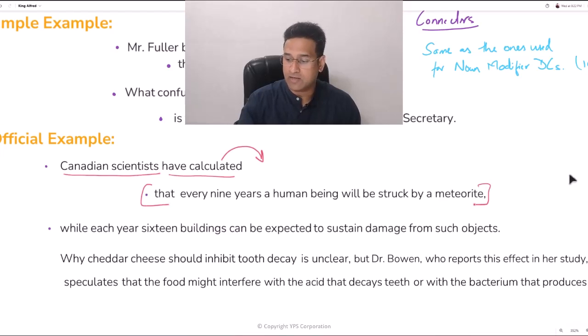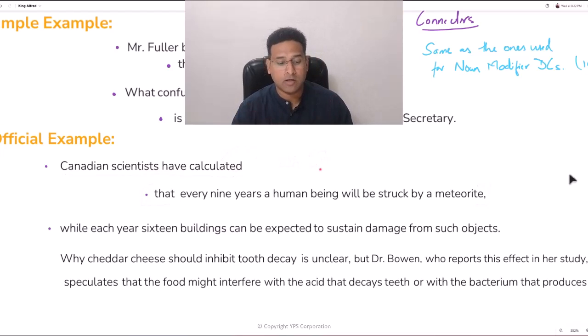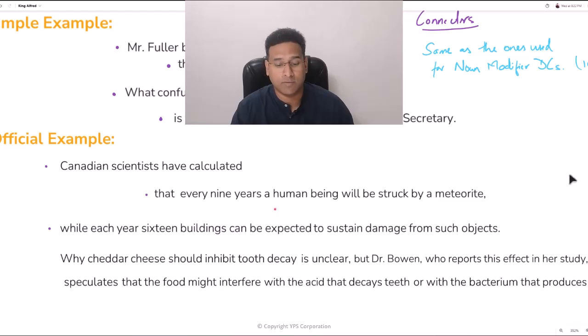What have they calculated? You see, the question here is what? Canadian scientists have calculated that every 9 years a human being will be struck by a meteorite. This is the object of the verb calculated. So we have a dependent clause behaving as an object. You see how it works?